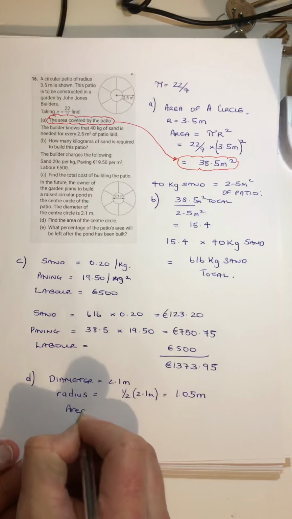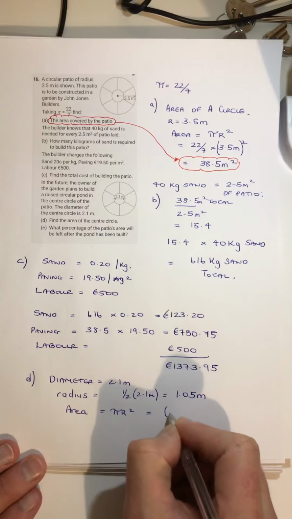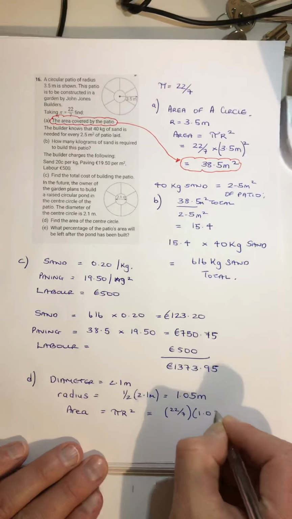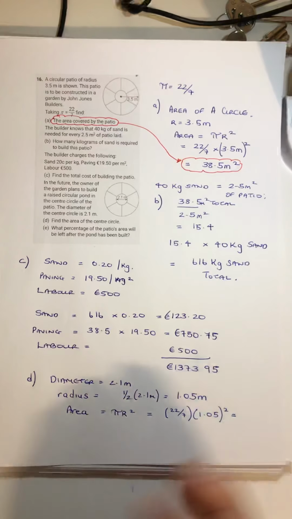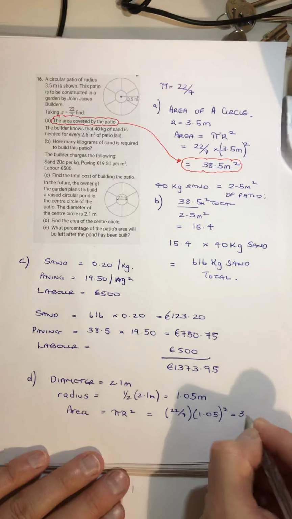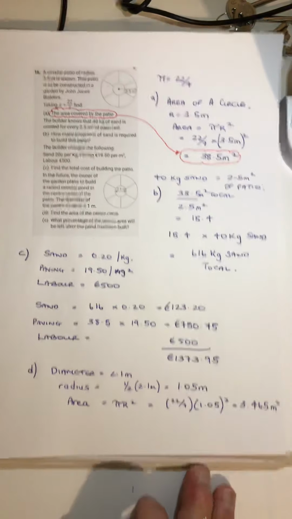So the area is pi r squared, where pi is 22/7, and the radius is 1.05 squared. So 22/7 multiplied by 1.05 squared gives us a total of 3.465 meters squared. So that's going to be the pond.